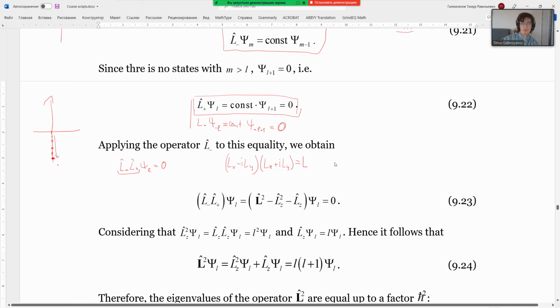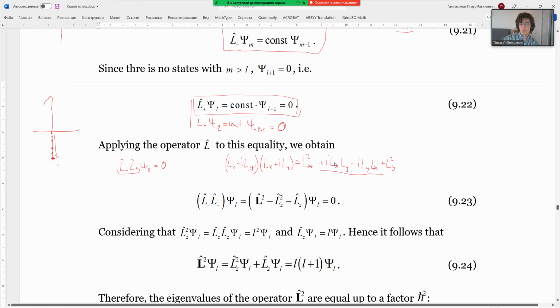So we get Lx squared plus i Lx Ly minus i Ly Lx plus Ly squared, because we multiply this operator and this operator.